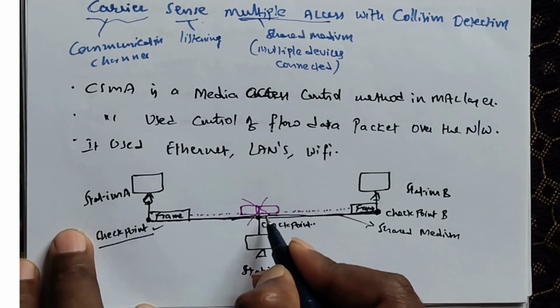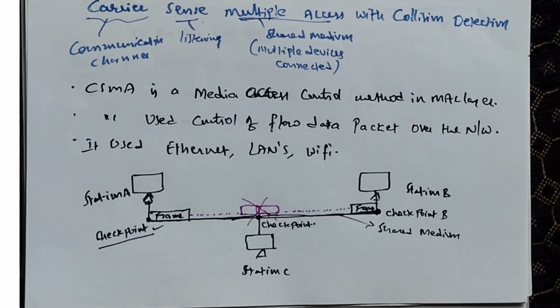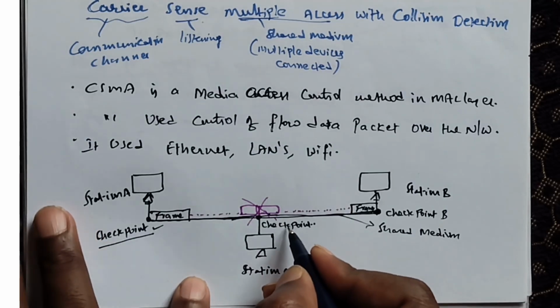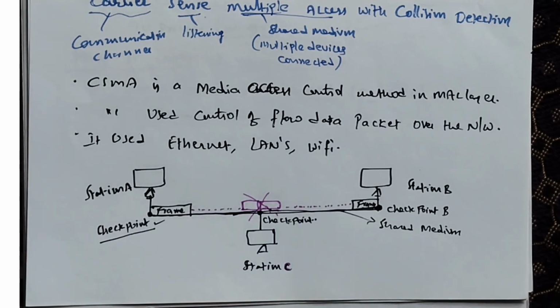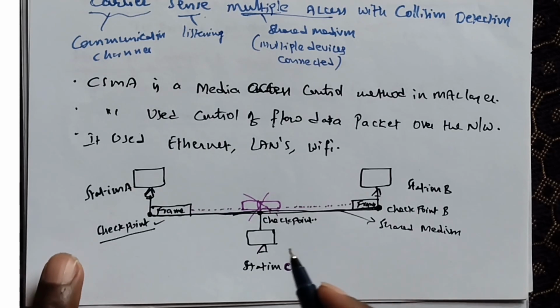At that time, checkpoint C will detect that a collision is occurring. Then station C will send warning signals. Station C sends collision signals to A and B. The collision signal is also called the jamming signal.